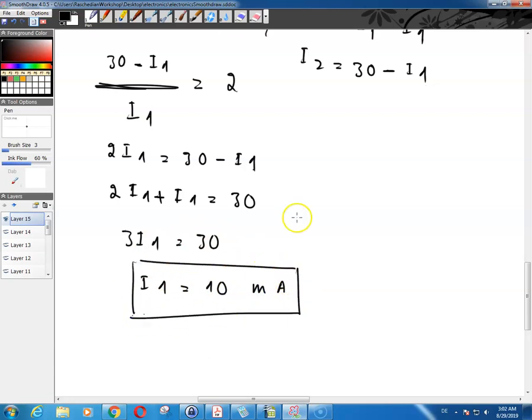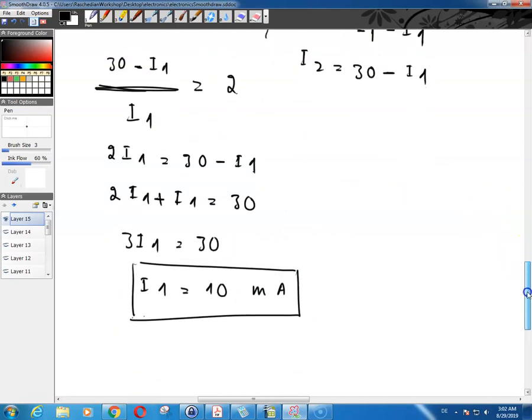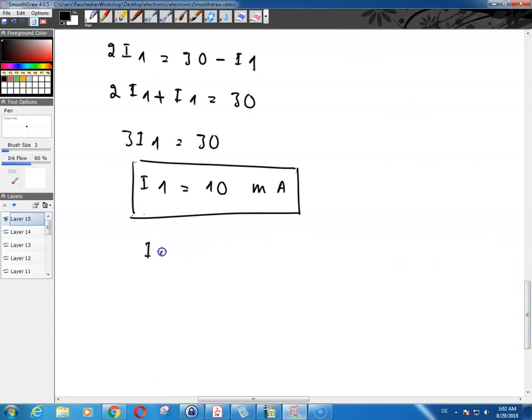10 milliamps. And we said that I1 plus I2 was equal to I(t), which was equal to 30 milliamps.